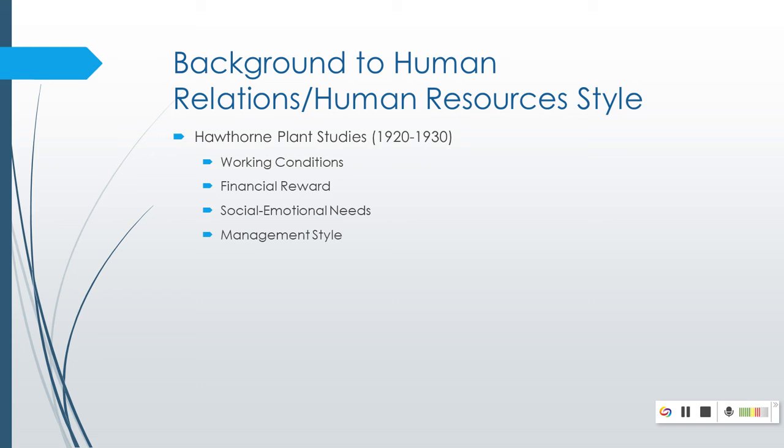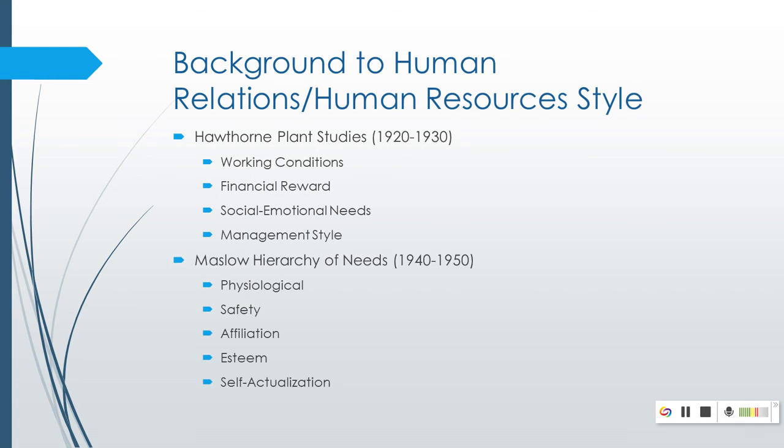All of those things that were done in these long, extensive studies were laying the groundwork for this new approach, right, which was the human relations, human resources approach. We talk about human relations, human resources, because it was called human relations first, and then it evolved into human resources over the latter part of the 20th century.